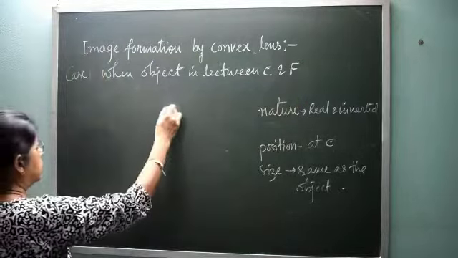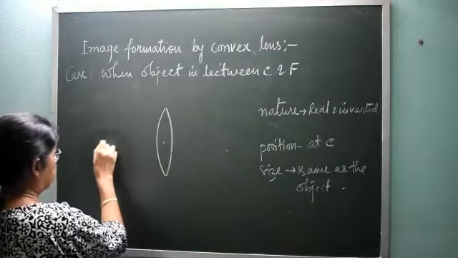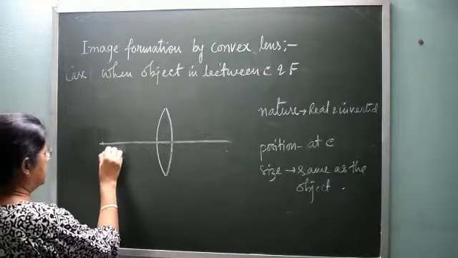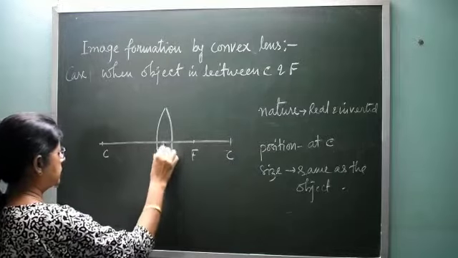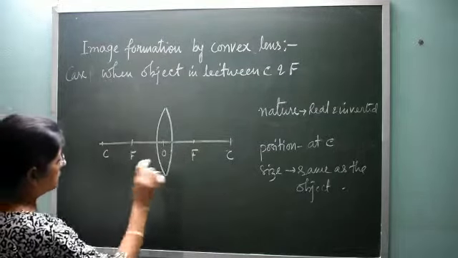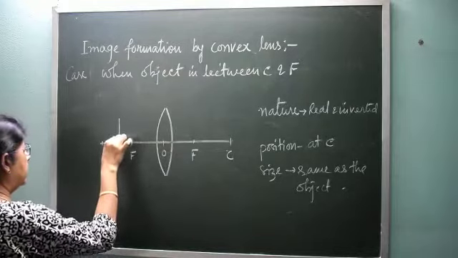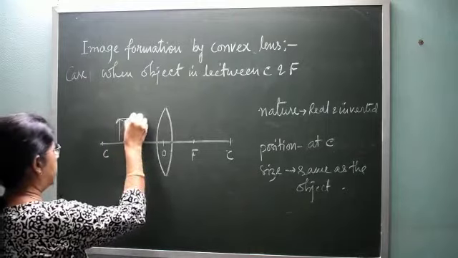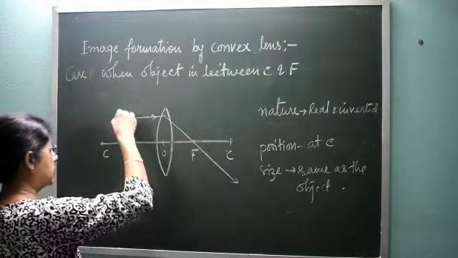I forgot to mention the numbers. Please note down your numbers accordingly: case number 1, 2, 3 like that. Similarly, this one is C, one more C. Here focus, this is optical center. Distance should be appropriate. Now I am keeping the object in between C and F. One ray coming parallel to the principal axis, after refraction will pass through focus.